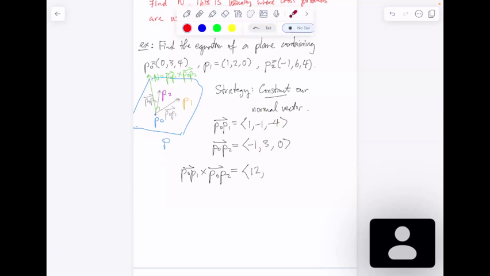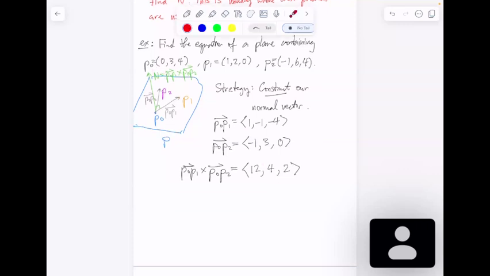The y component here, you move this column over, do this minus that. This should be -4 times -1, which is 4, minus 0. And then the z component is 1 times 3 minus -1 times -1, so that's 3 minus 1, which is 2. So our normal vector here has components (12, 4, 2).